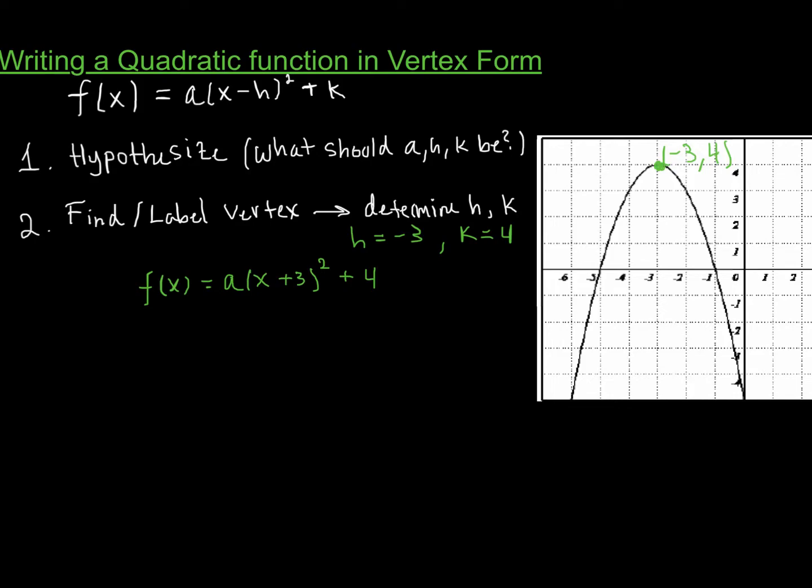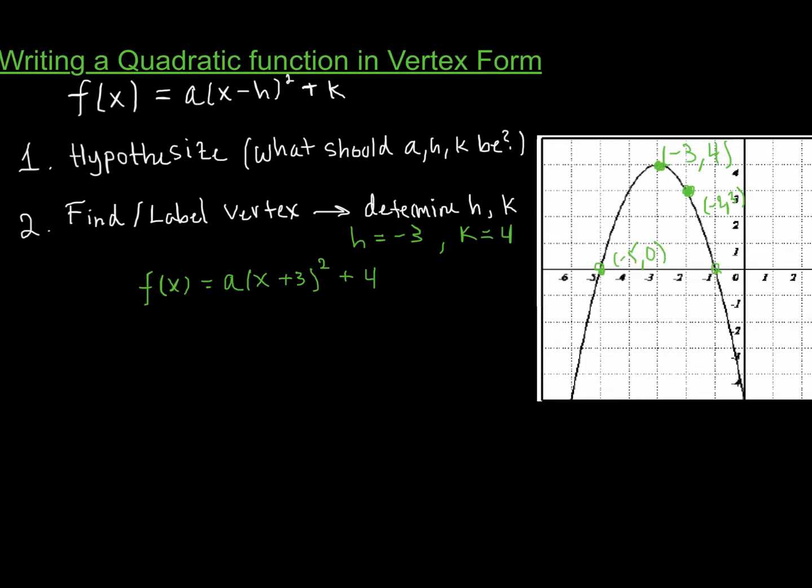Alright, so here's what I want you to consider. Do you know any other points that are on this graph for sure? And if you look at it, there are some that are pretty clear, right? In other words, some points that are right on easy to determine values. Like this is pretty clearly -2, 3. They're integer values. This is pretty clearly -5, 0.